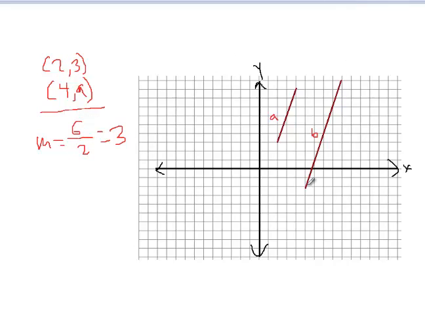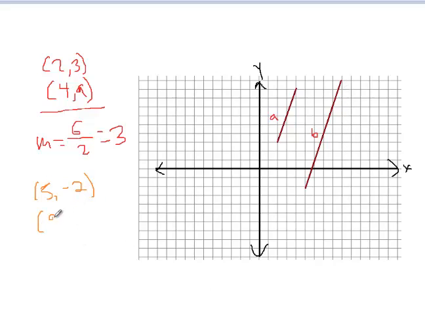Now let's figure out the slope of line B. Well, line B, 1, 2, 3, 4, 5, 1, 2. So it's got a 5 and -2 point. And then we can pick this end point again. We can pick any point at which it hits. But let's try the end one. 1, 2, 3, 4, 5, 6, 7, 8, 9. 1, 2, 3, 4, 5, 6, 7, 8, 9, 10.